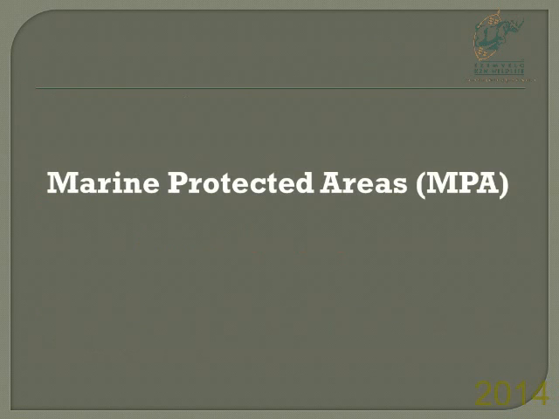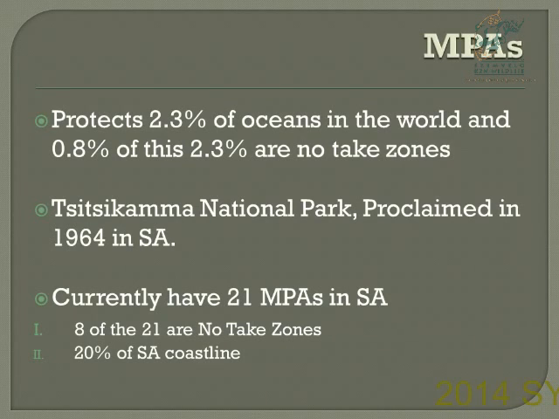So then we find the need to have marine protected areas, MPAs, so that we can restrict human activities in the interest of protecting the fish species, biodiversity, ecosystem, and fish.